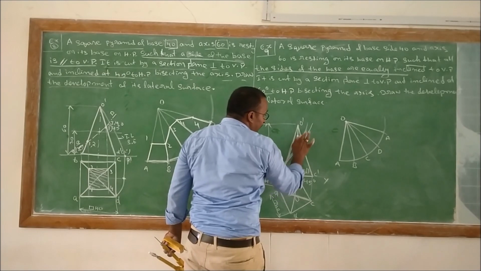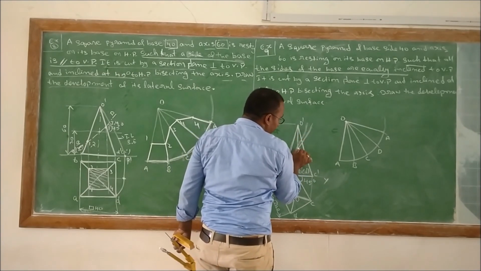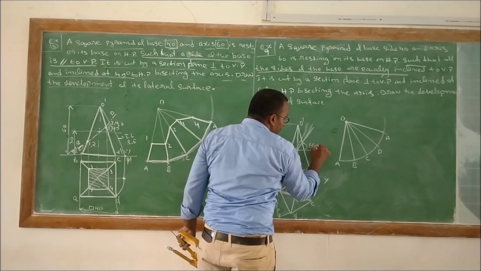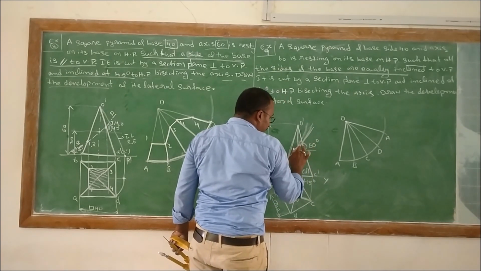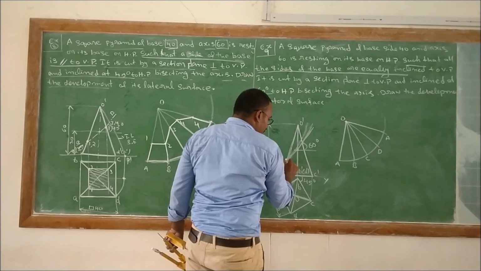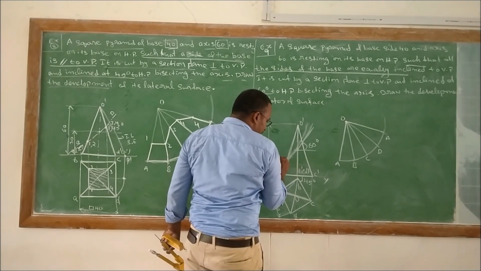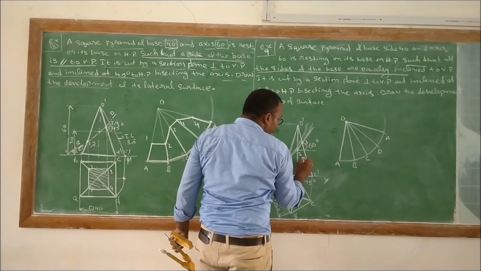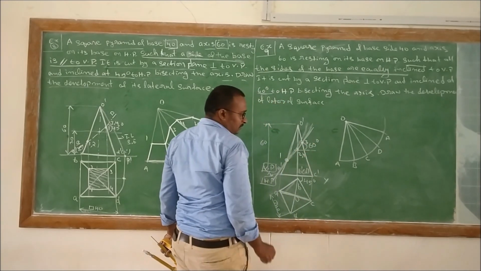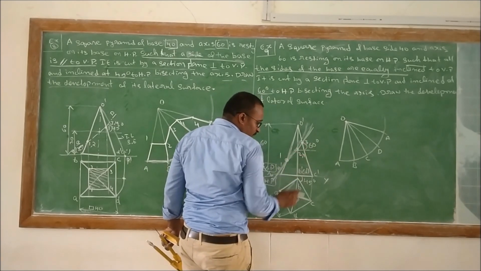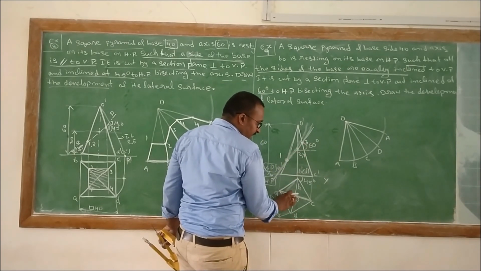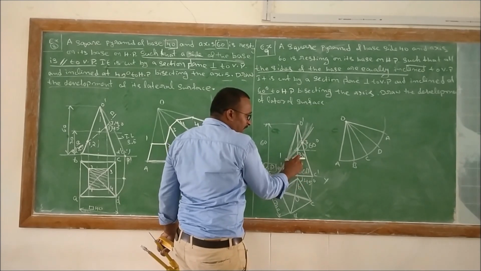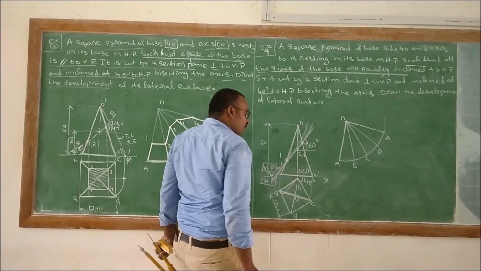Like this we will have a section plane, about 60 degrees to the ground, where it cuts exactly at 1, 2, 3, 4. Here it is the OD line, B dash, D dash, so that we will get the 2 dash, 4 dash lines.